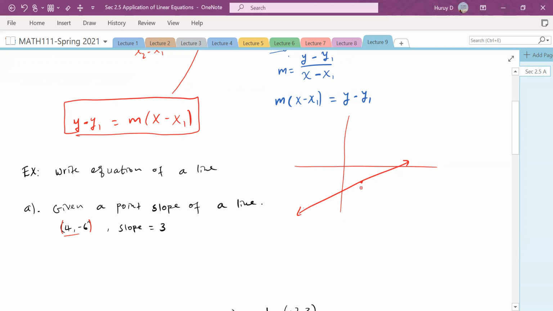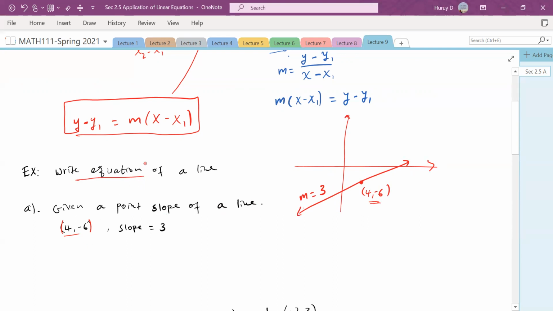Let me say this is (4, -6), even though it's not the right point on my sketch. We know the line passes through (4, -6), and the slope is m equals 3. Now we are asked to write the equation.